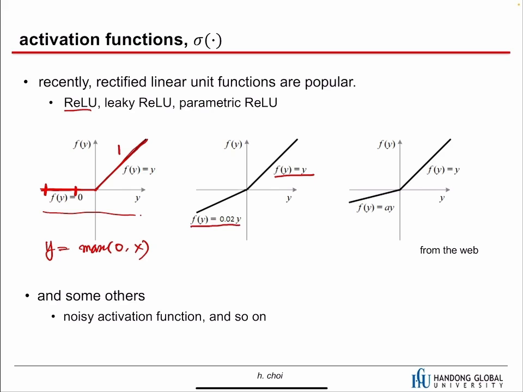In this figure it looks like a big number, but usually something like 0.02 or 0.01. Or instead of fixing this slope, why don't we have a parametric variable a? That is parametric ReLU. So recently in deep learning, these functions are more popular. And there are some other functions too, like noise activation functions and so on.